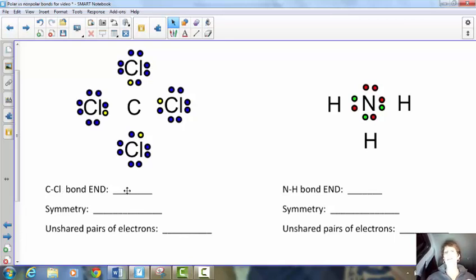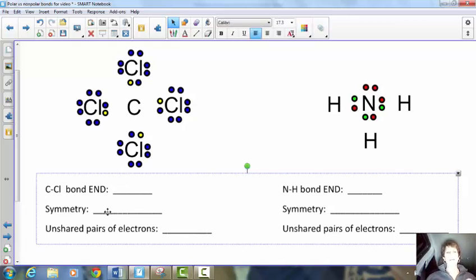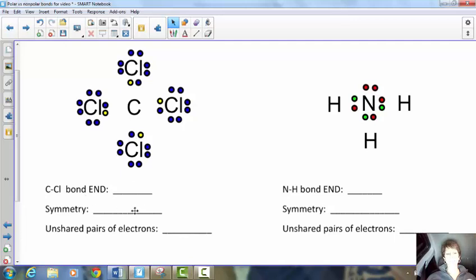And I think that you'll find that it's polar. But the symmetry of the molecule, this is definitely symmetrical. Unshared pairs of electrons on the central atom. So I go to the central atom, carbon, and it doesn't have any unshared pairs. Everything is in the role of sharing right now.